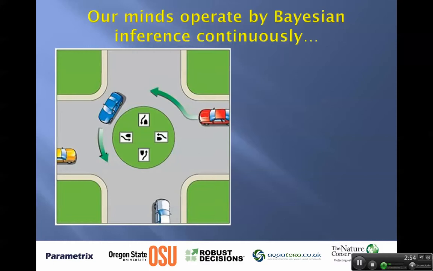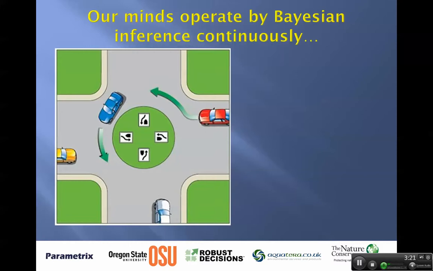You bop in there, and then you realize, oh, I've got to pay attention here. There are 3 or 4 other cars coming, and in your head your brain is doing a probabilistic calculation of what might happen at this intersection. Your goal is to get through without swapping paint with any of the other cars. So you take a look around, and your mind is calculating the speed and range to the other cars.